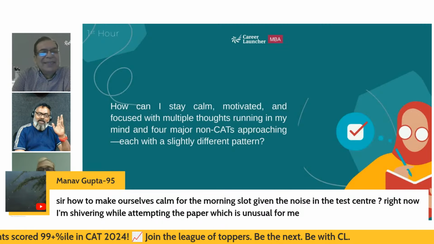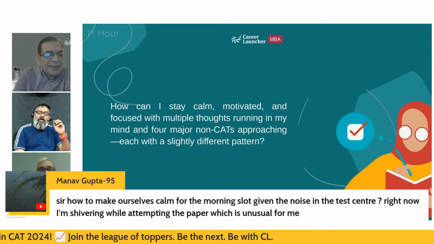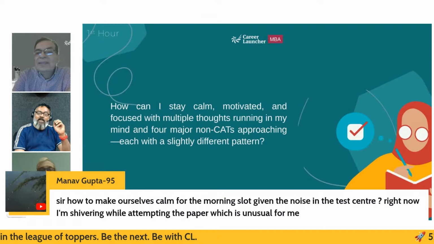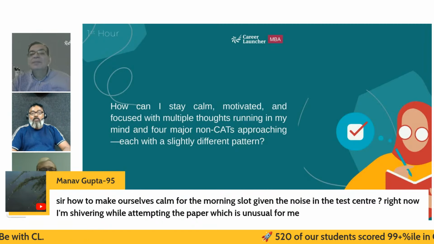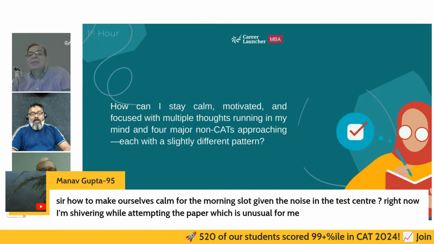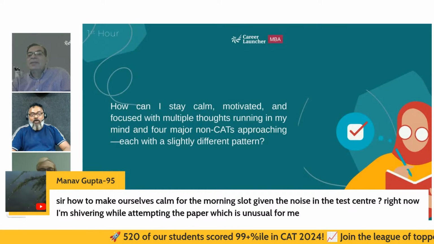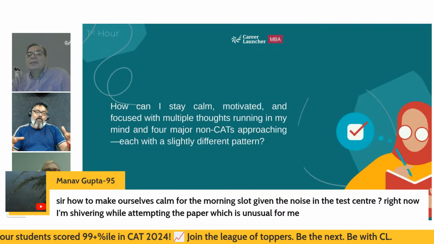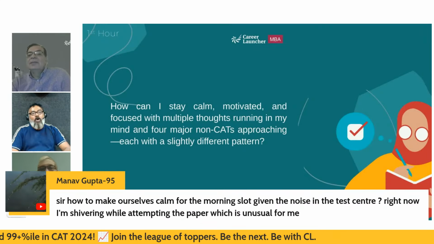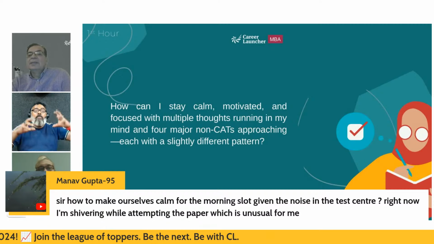The question is how to make ourselves calm for the morning slot given the noise in the test center. Right now I'm shivering while attempting the paper, which is unusual for me. All right, first of all, you are asking what to do if a particular situation happens.